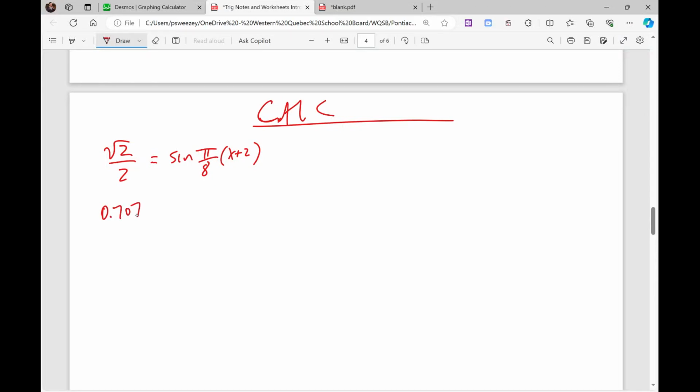So let's write it out. 0.707 is equal to sine of pi over 8 times x plus 2. In this instance, we're trying to figure out how we can get rid of sine, and do something with that 0.707 to get the radian angle measurement.